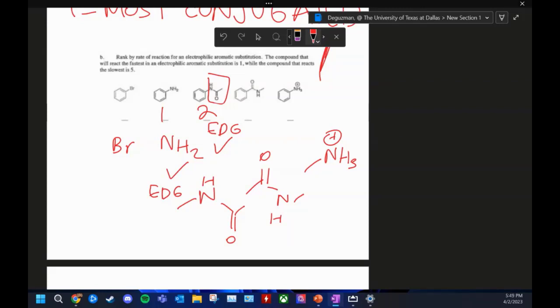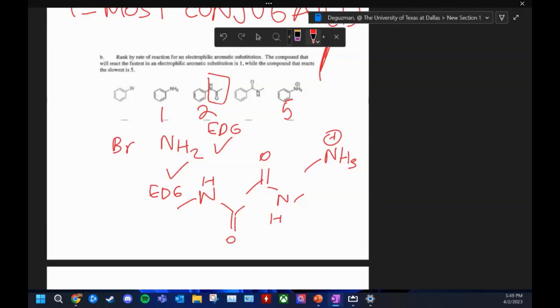Br is less deactivating than the carbonyl, and the NH3 has positive charge. Right. So if you have a positive charge, that's going to be super electron withdrawing simply because it's electron deficient right now. So your NH3 is your number 5, and Br tends to be on sort of that middle spectrum between electron donating and electron withdrawing.